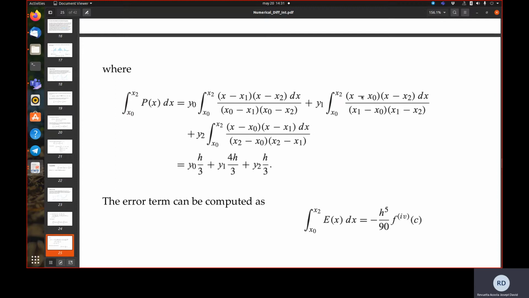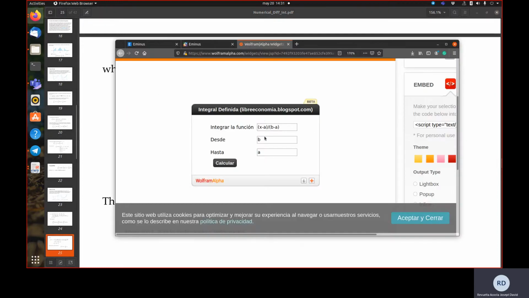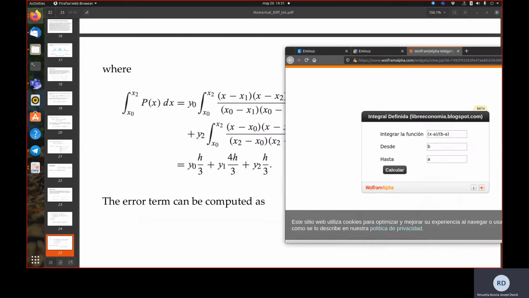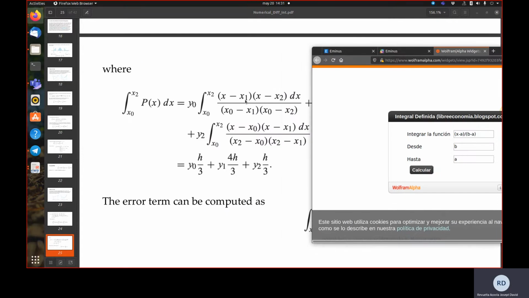So this is the integration, and I won't actually do it, but you can still use the formula I'm giving you here.